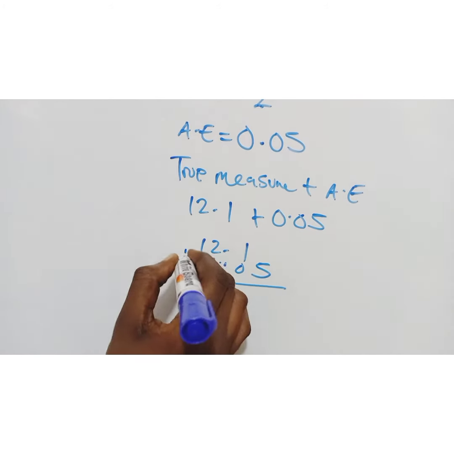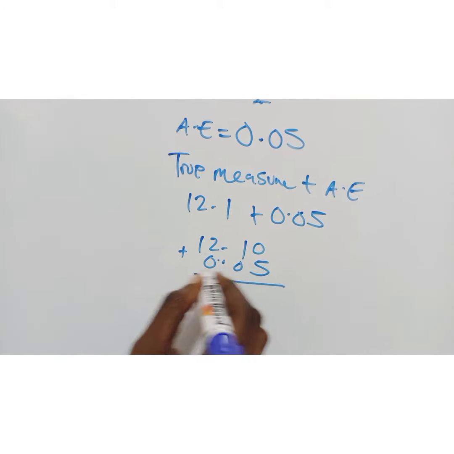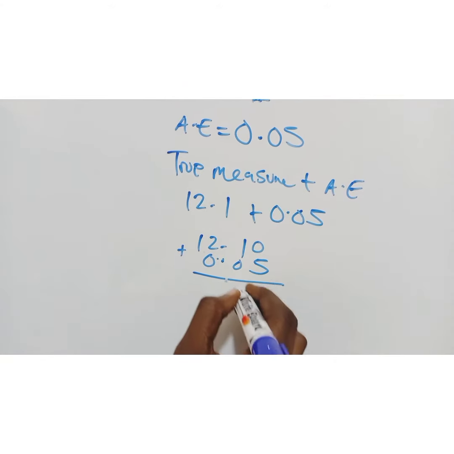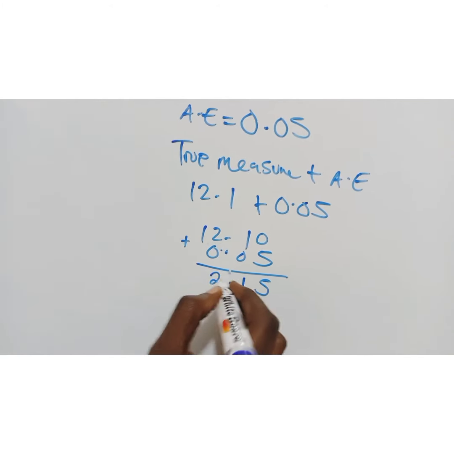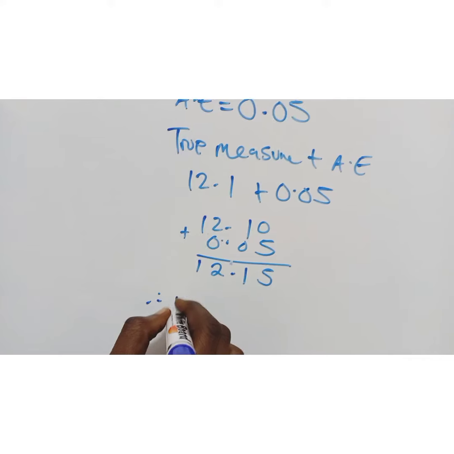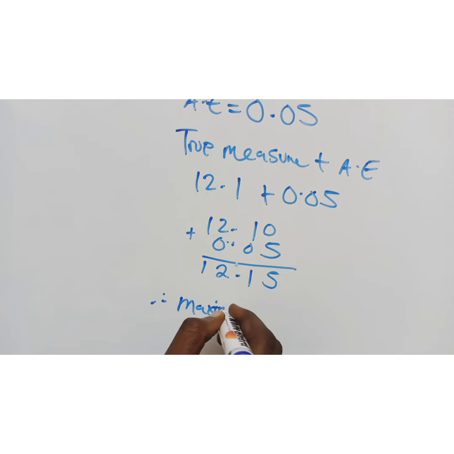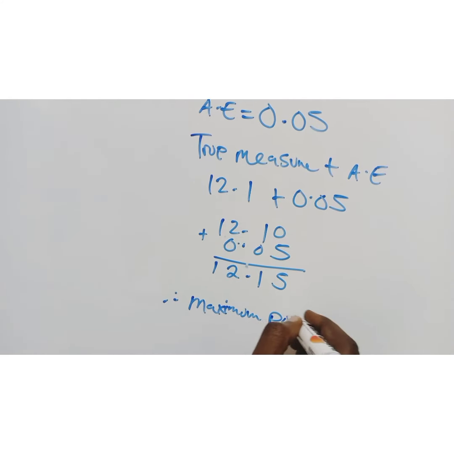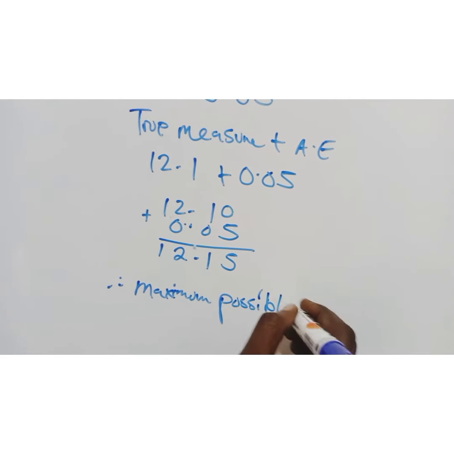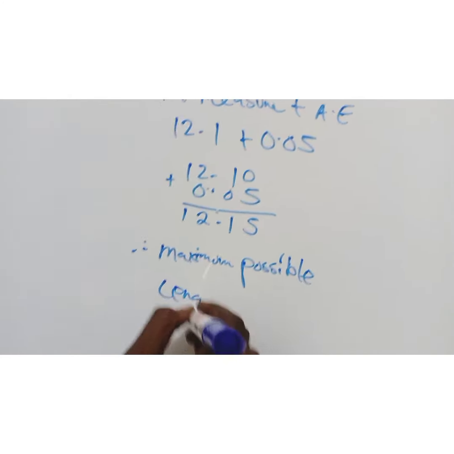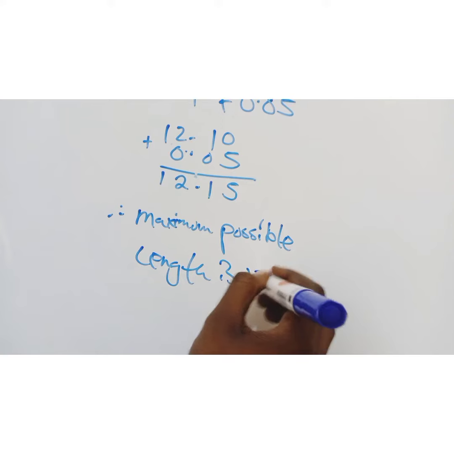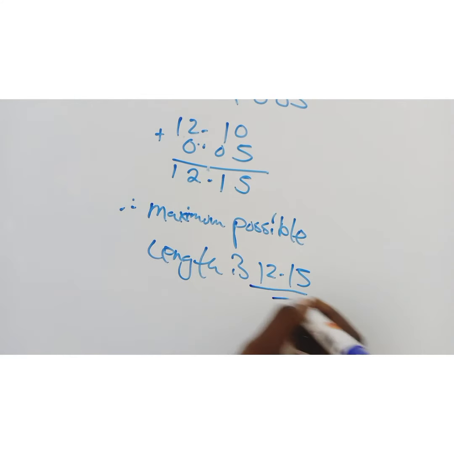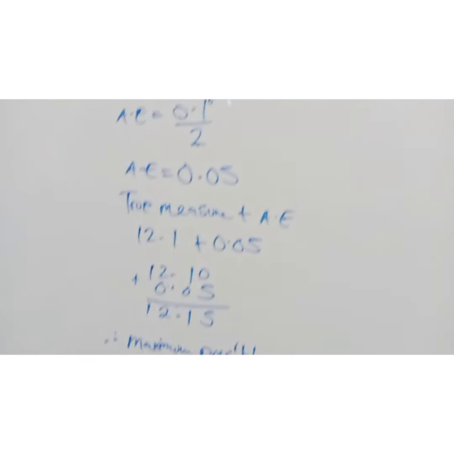We are adding. We'll put this as 0. So to give us 5, to give us 1, it's 2, it's 1. So therefore, our maximum possible length is 12.15. Simple as that.